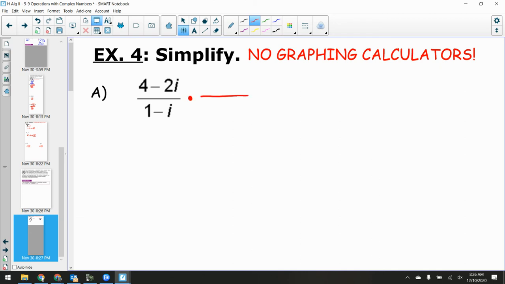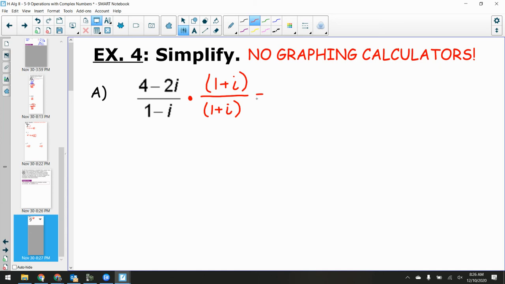Guess what I would multiply by to make it real, to take the i and remove it. I would multiply by the denominator's conjugate. Because if I multiply a complex number by its conjugate, as we saw from up above, it's going to be like a difference of squares.